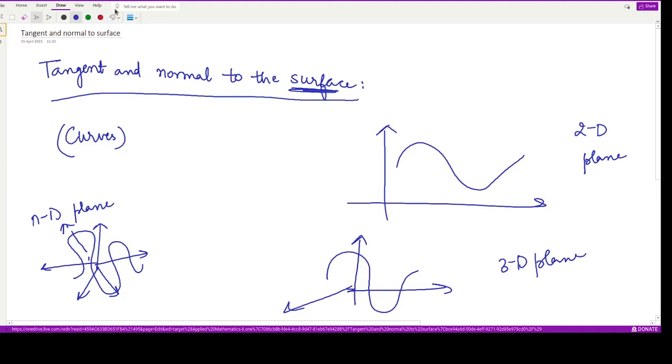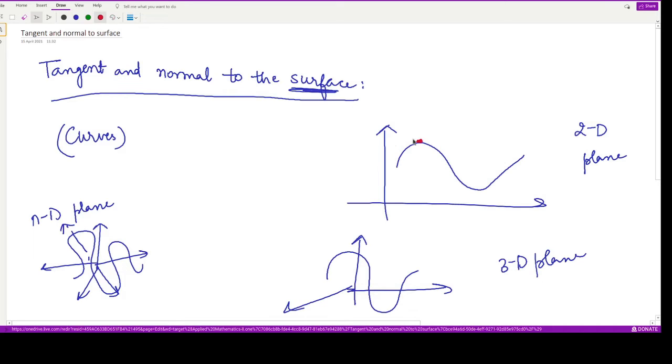Now if I am talking about the tangent to this particular curve, at this particular point, because you have to also specify the point at which you want to calculate the tangent. At this point your derivative would be 0, because the slope here is not changing and it is constant.